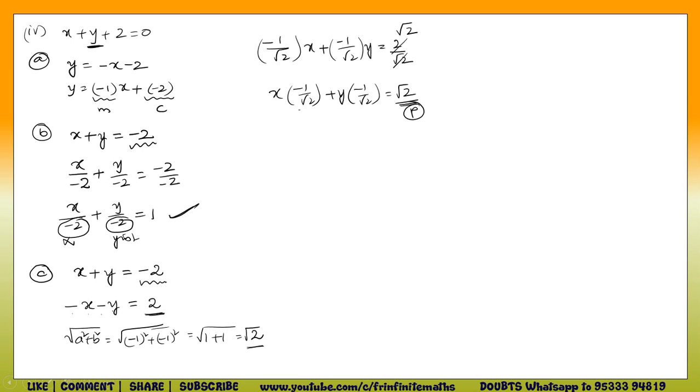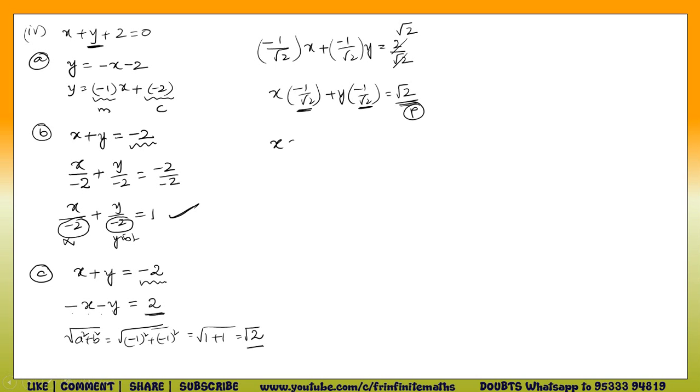Now since both the values are negative, that means it belongs to quadrant number 3. So in quadrant number 3, since these two values are equal, we are going to get pi plus pi by 4. So what is the value of pi plus pi by 4? It is nothing but 5 pi by 4.